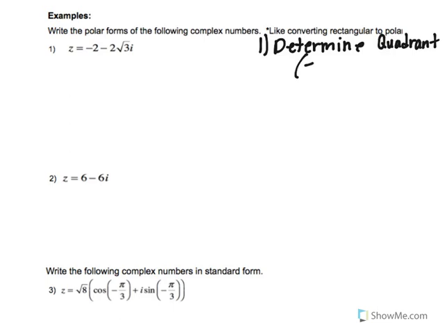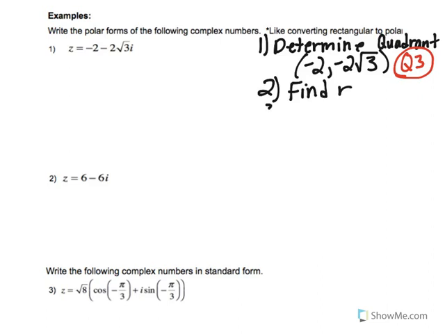So really what you're thinking about is -2, -2 root 3, which is in quadrant 3. That's going to be important when we come up with the radian or degree measure. We're going to do radians for these, although we could do degrees. We're then going to find our r value, and then theta. And you can do these in either order.